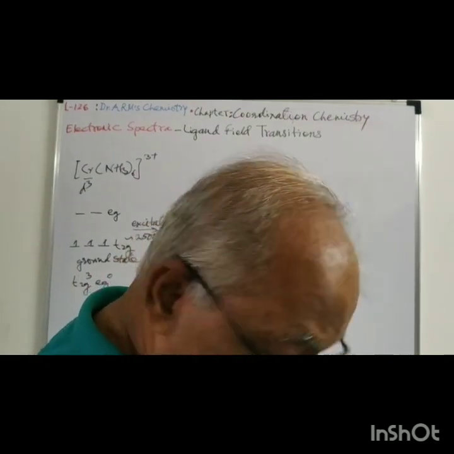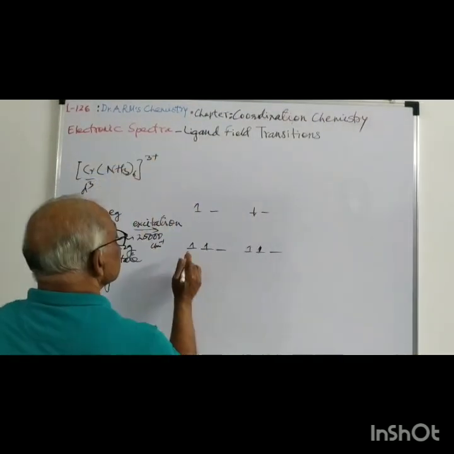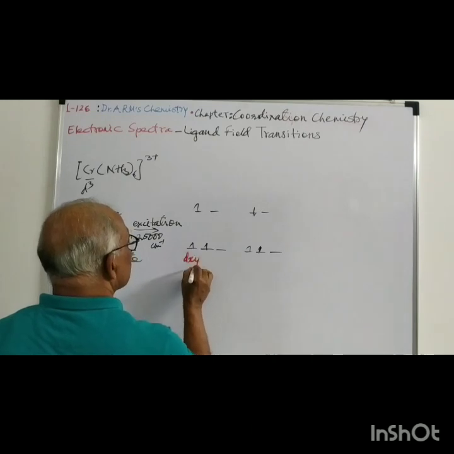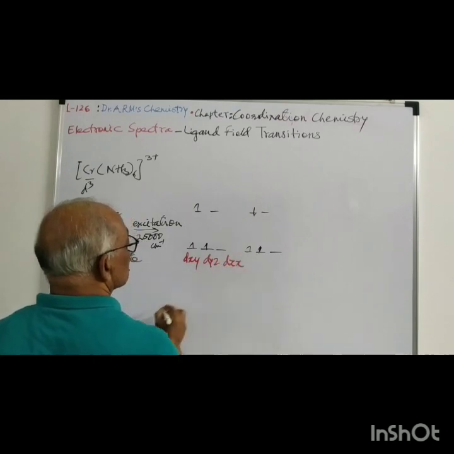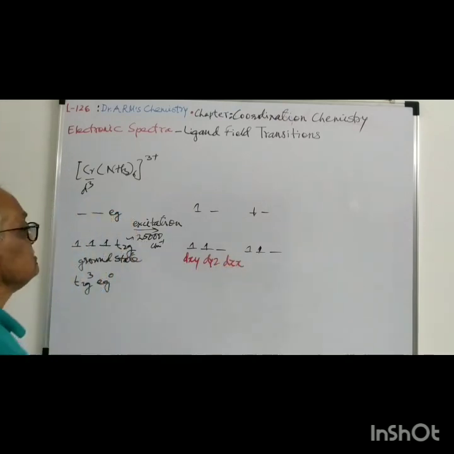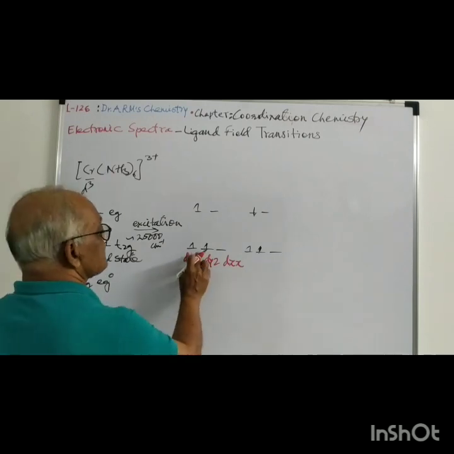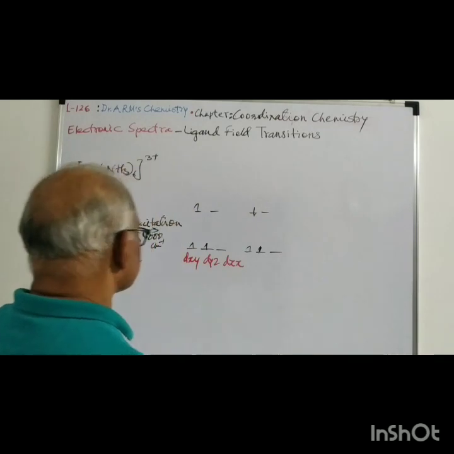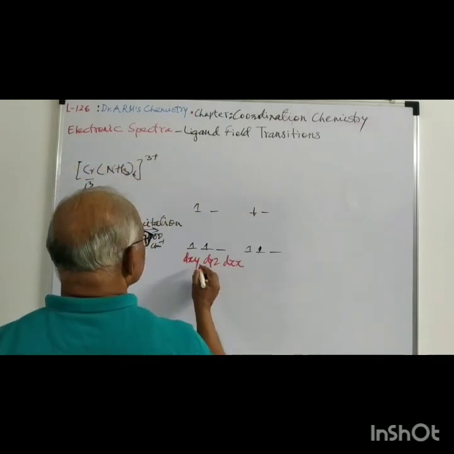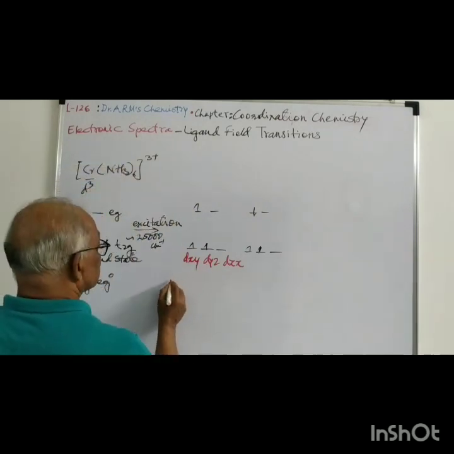Now another thing we have to remember is that this is dxy, this is dyz, and the third is the dzx orbital. So the 3 orbitals are different, and from this we can see the excitation may take place.